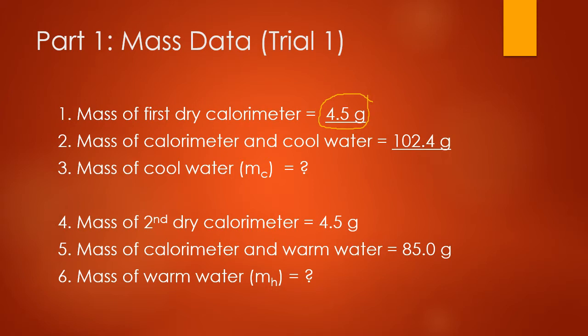To figure out the mass of just the water, this is a calculation that you'll need to do, subtracting the previous two values. You're going to take the mass of the calorimeter with the cool water, 102.4, and subtract the 4.5 from that. That subtracts out the cup or the calorimeter, leaving you with just the mass of the water.